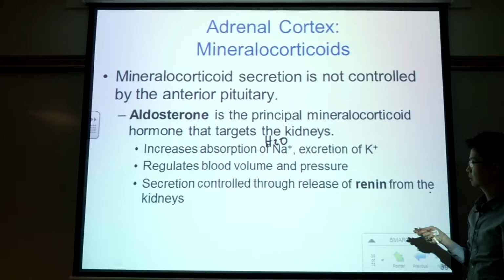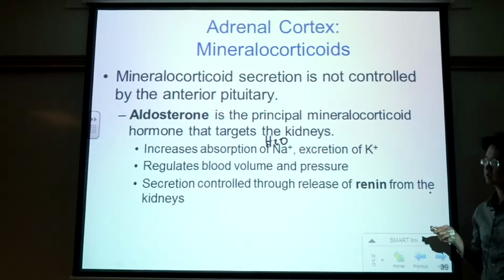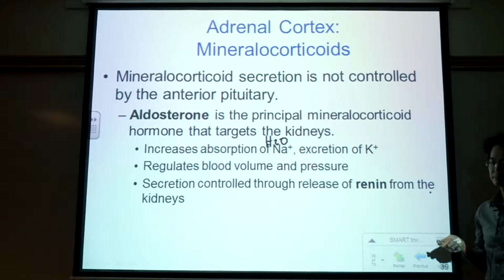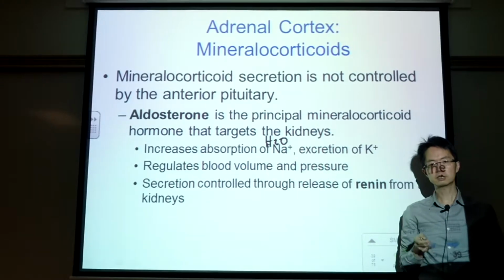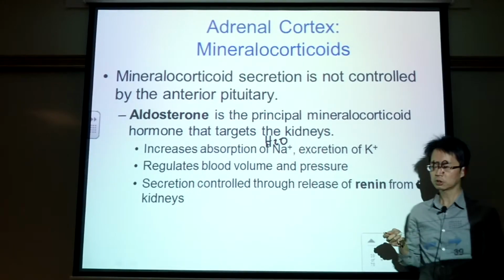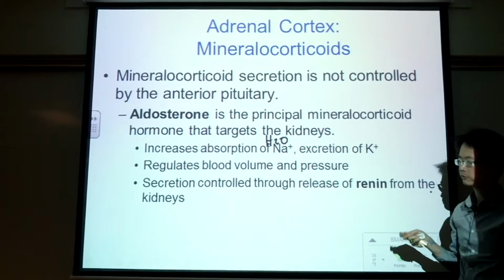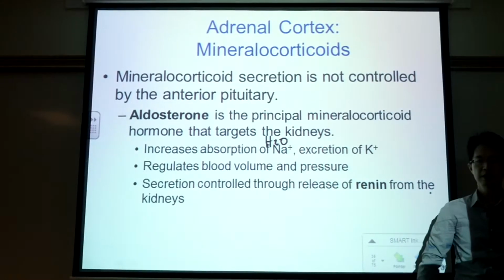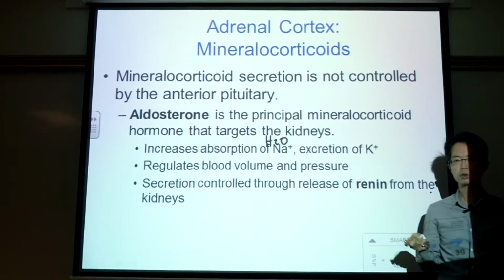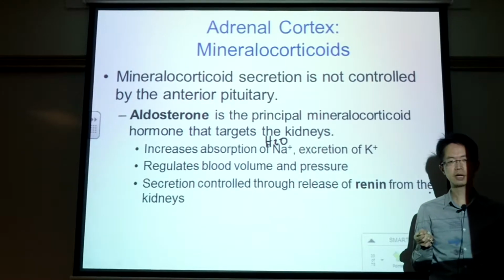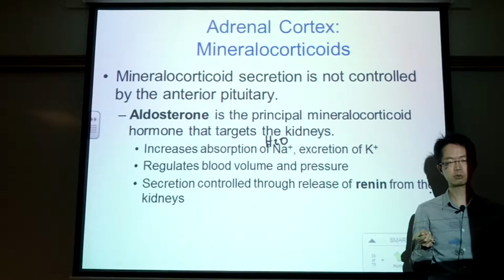And what causes the secretion of aldosterone? Remember in our urinary system lecture, we talked about the RAA pathway. It is the secretion of renin, which is an enzyme from the kidneys. This renin enzyme will convert angiotensinogen into angiotensin 1.